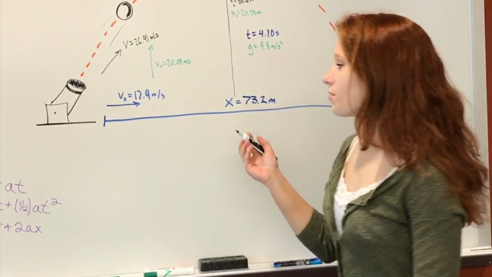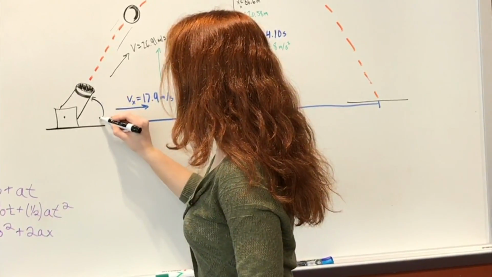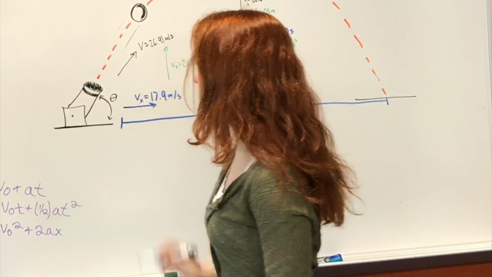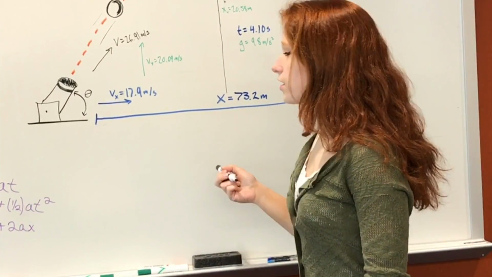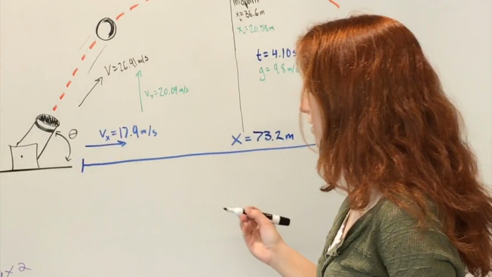Now, if we wanted to find the angle at which the cannonball is fired, let's call it theta, we could use trig to figure that out, because we have all of the components of the vector.